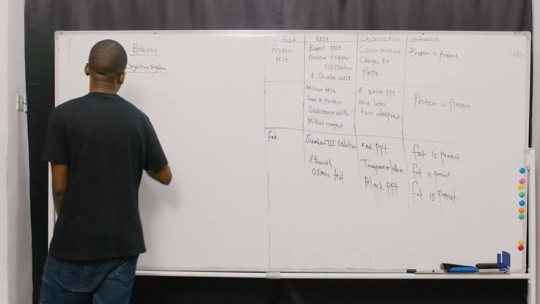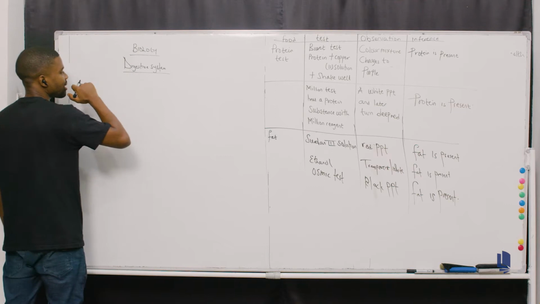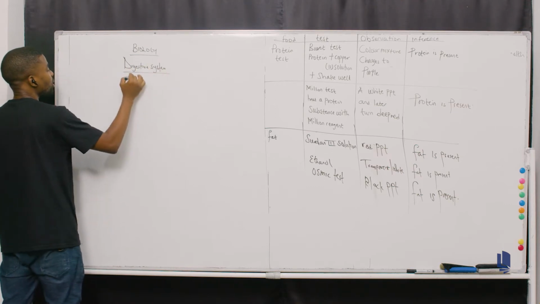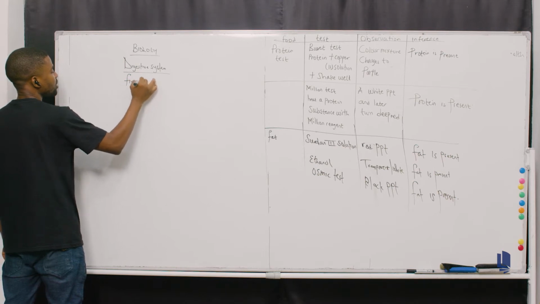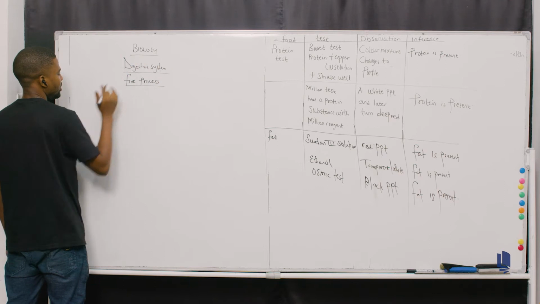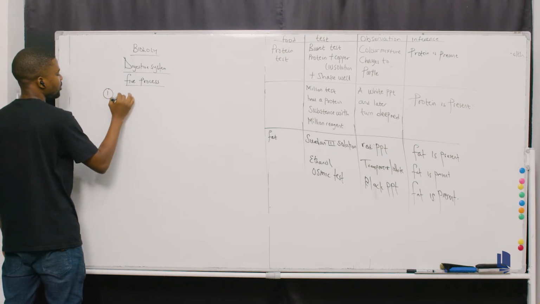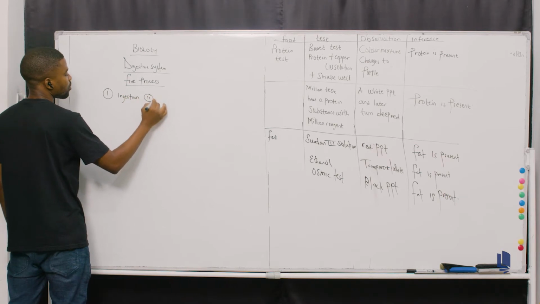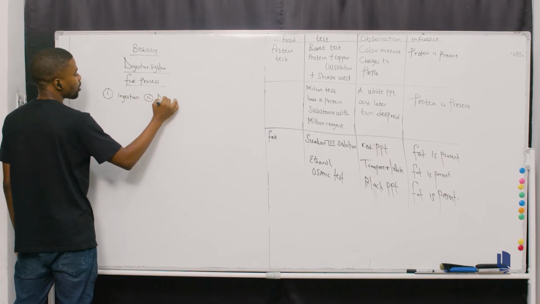Now, you see this digestive system, if you have to understand the system, you must know what they call the five processes. There are five processes you need to understand. Now, the first process is what? Ingestion. The second process is what we call what now? When you ingest food, you do what they call what now?